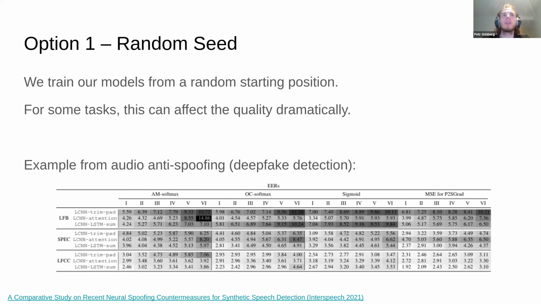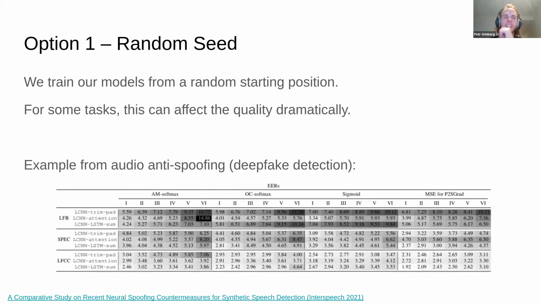First of all, it means the random seed can be different. When we train our models from a random starting position, we take this random position from a random generator that uses some random seed. And when we do it with different seeds, we end up with different starting positions, and this could affect the quality dramatically.